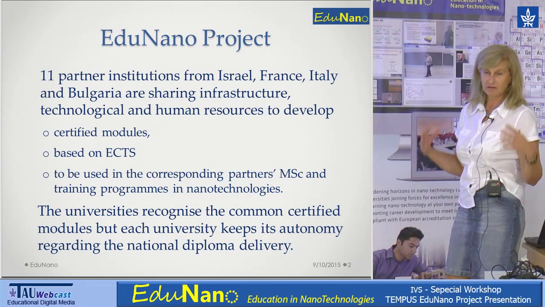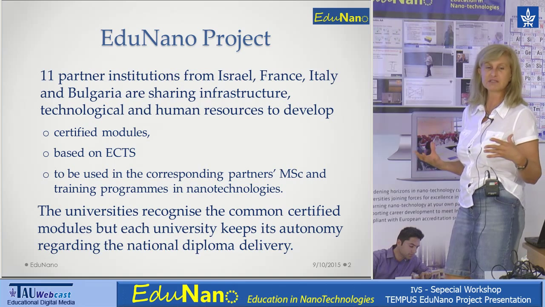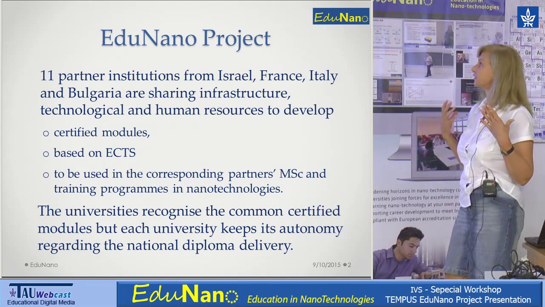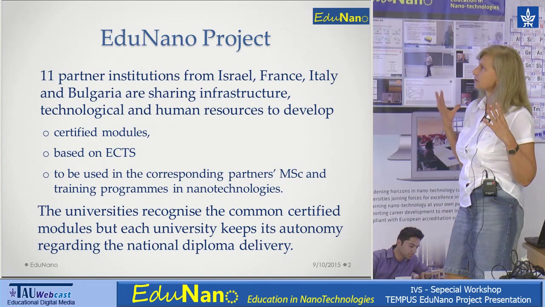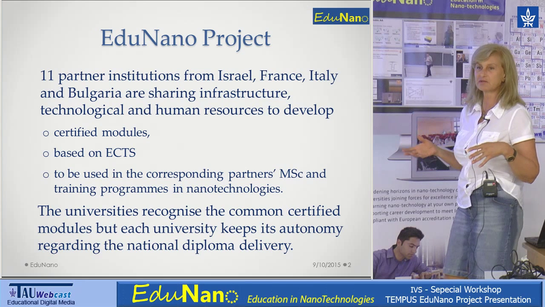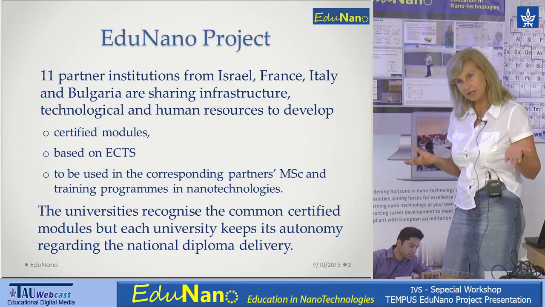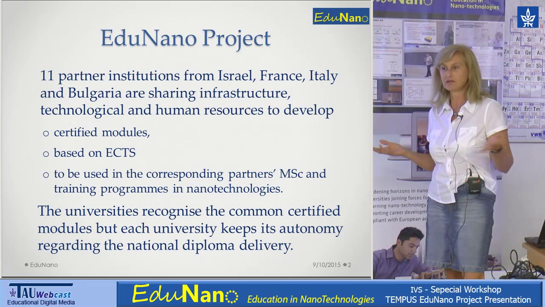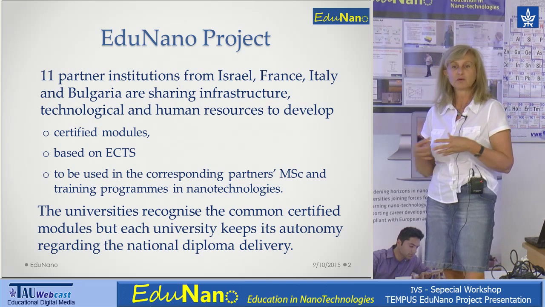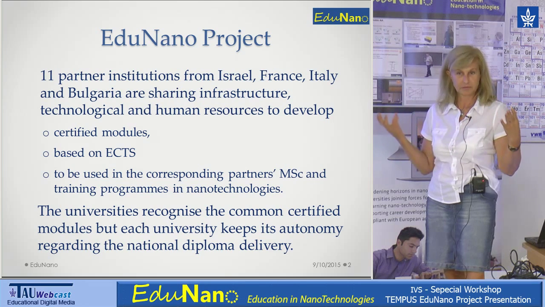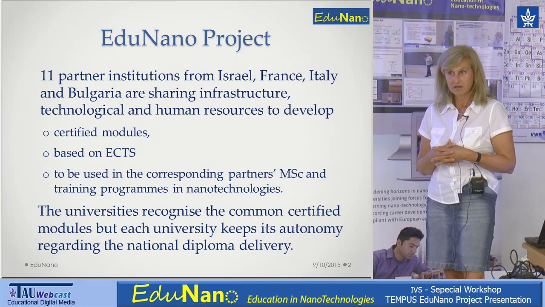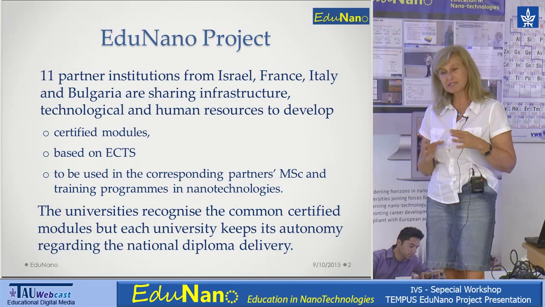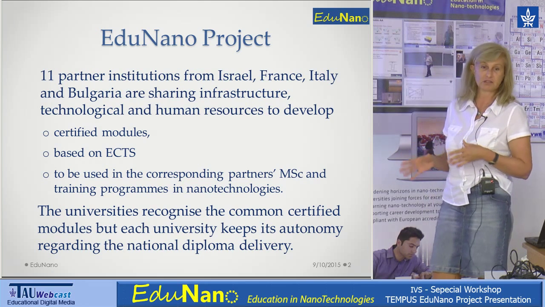Can you imagine the knowledge, the competencies, the efforts of 6 Israeli and 3 European universities and 1 big Israeli company, Elbit, because we absolutely need the link to the industry. We develop 20 courses, and what is also very specific, nanotechnologies.